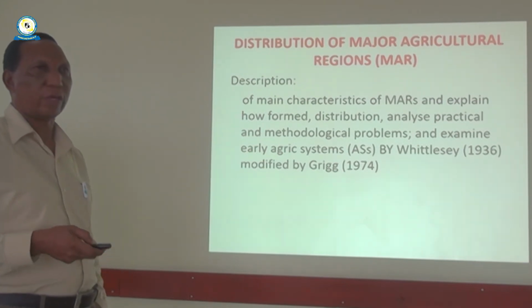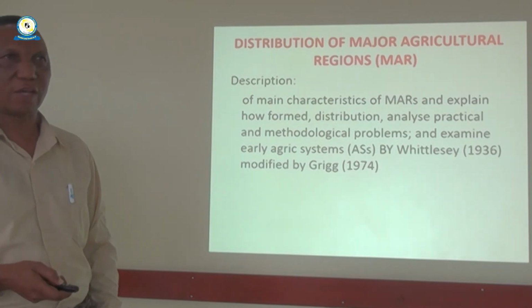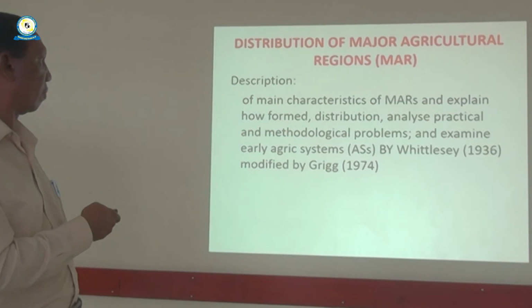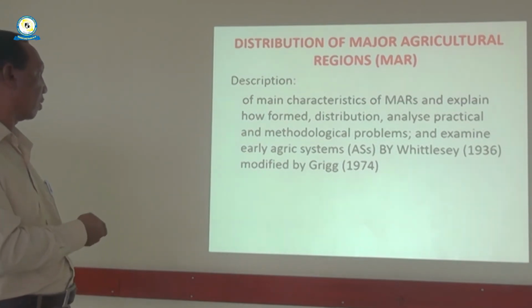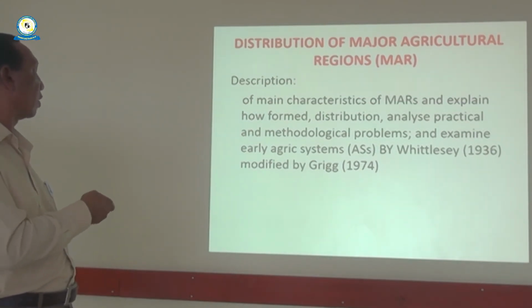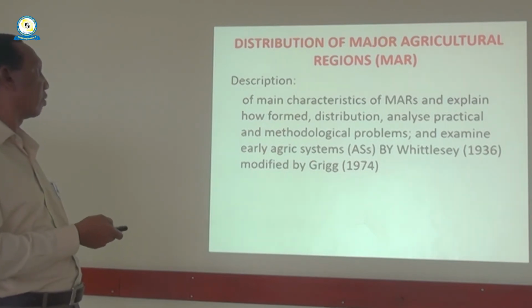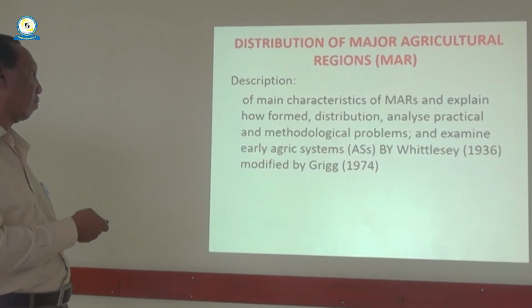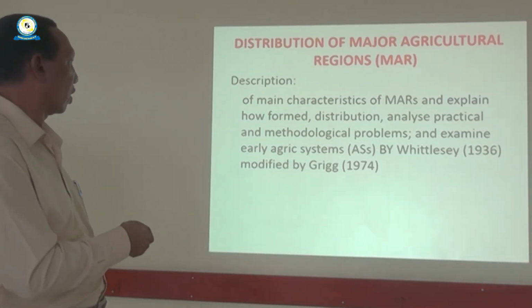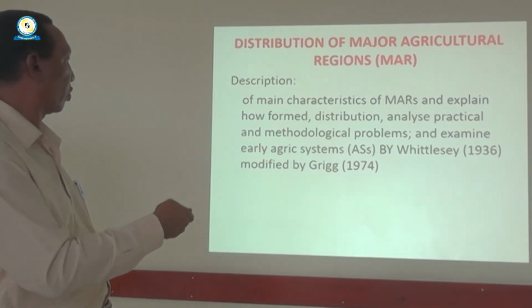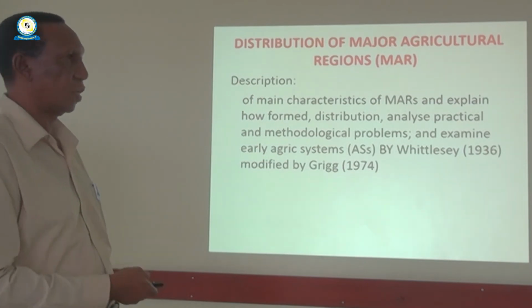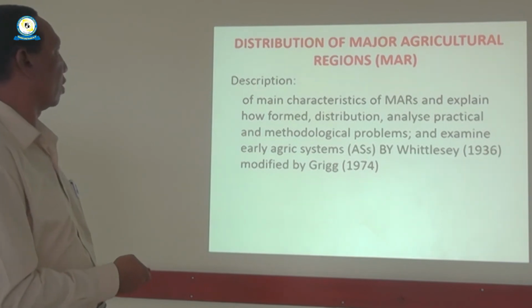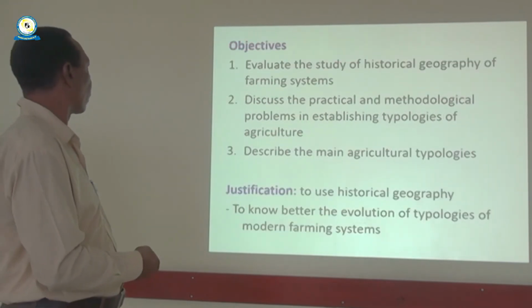As I'm saying, we have limited time. It's not easy to exhaust all the theorists who have presented their work regarding the distribution of major agricultural regions. So this is a case study of Whittlesey, representing the old perception, while Grigg represents the contemporary perception on the distribution of major agricultural regions.